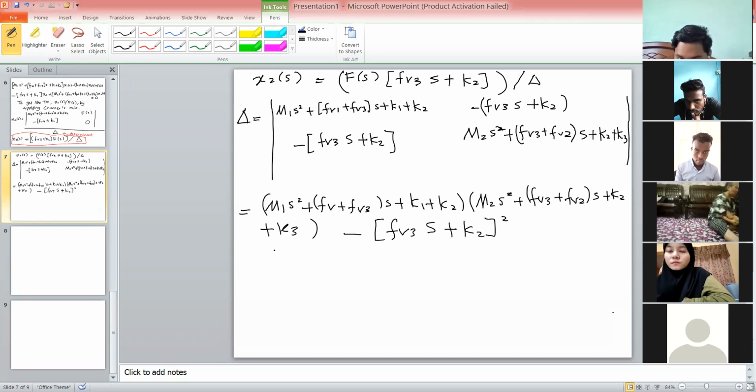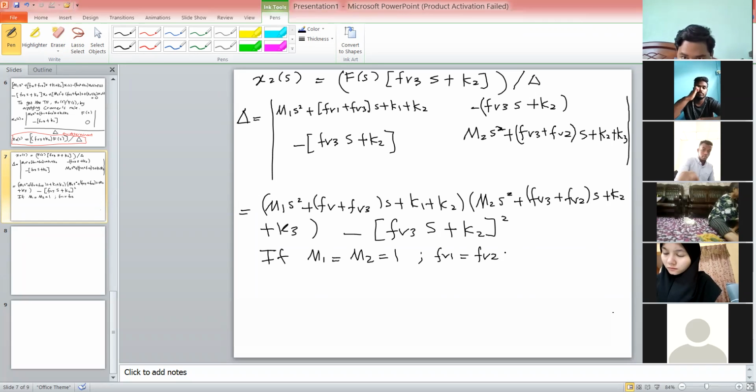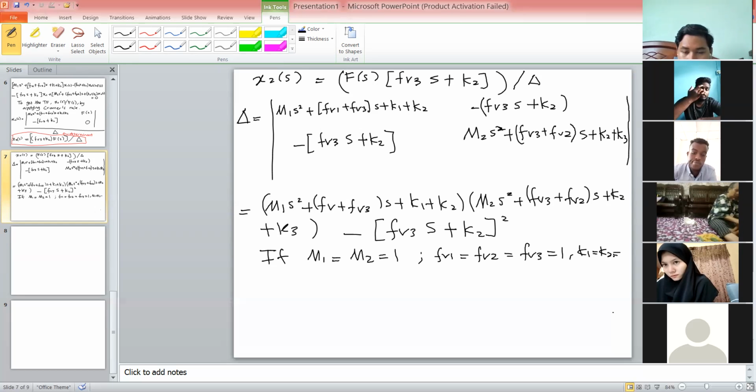What is the condition? If M1 equal M2 equal 1, and FV1 equal FV2 equal FV3 equal 1, and K1 equal K2 equal K3 equal 1.